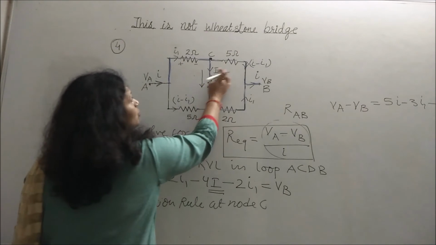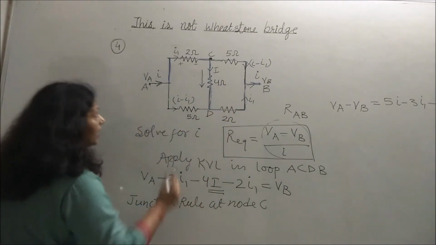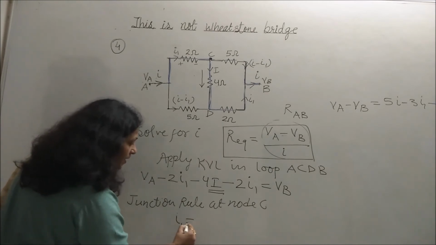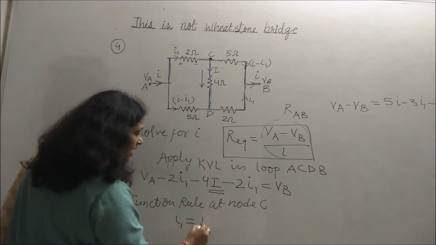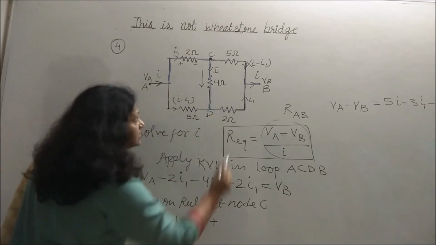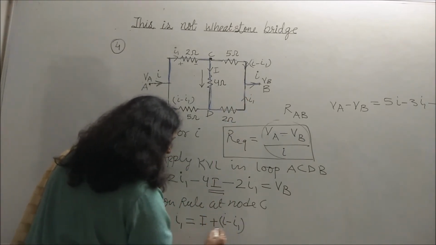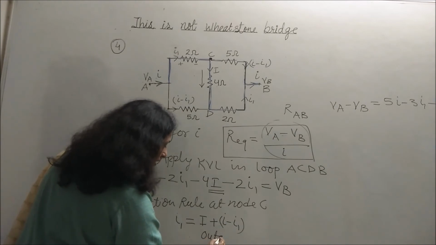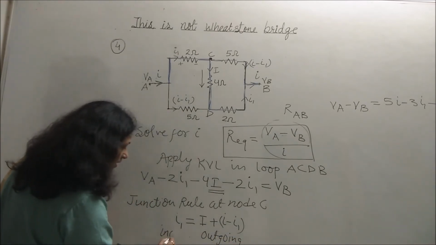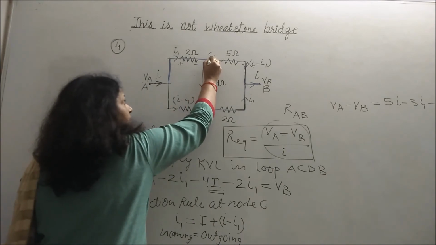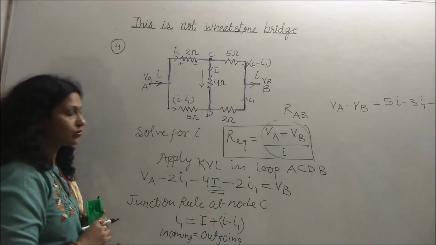So here two currents are outgoing and one current is incoming. I1 is incoming, and outgoing is I plus the second outgoing, I minus I1. These are two outgoing currents and this is one incoming current, and both should be equal at this node. Incoming is equal to outgoing.